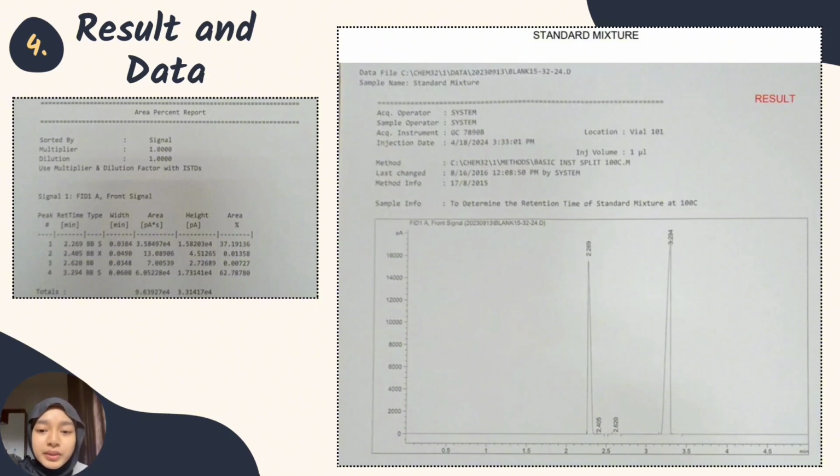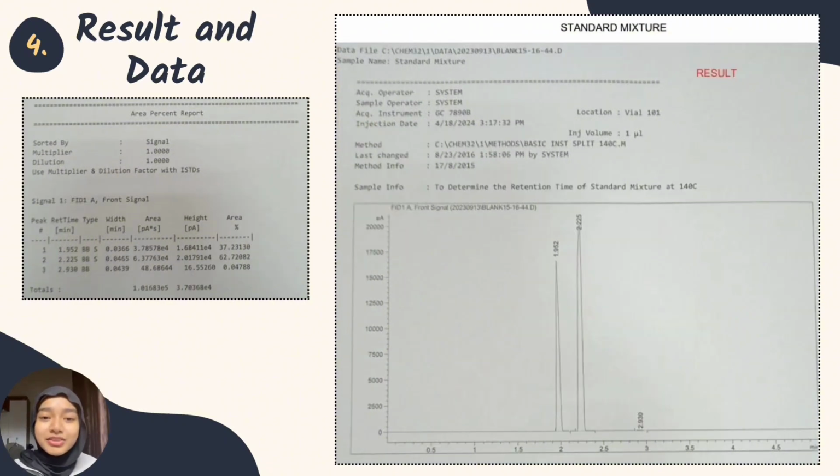The remaining peaks at 2.405 and 2.620 minutes have very small area percentages of 0.0136% and 0.0073% respectively, indicating that they are present only in trace amounts.